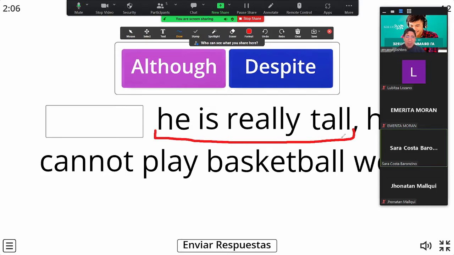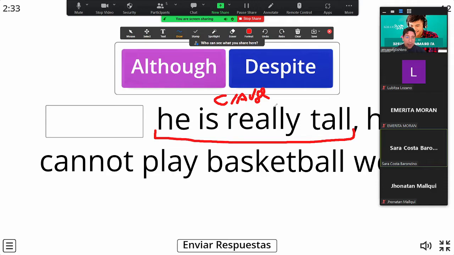A noun or a clause? Although or despite? What did you say? I say despite, but I'm not sure. Okay, what is that? A clause or a noun? He's really tall. A clause. A clause, muy bien.